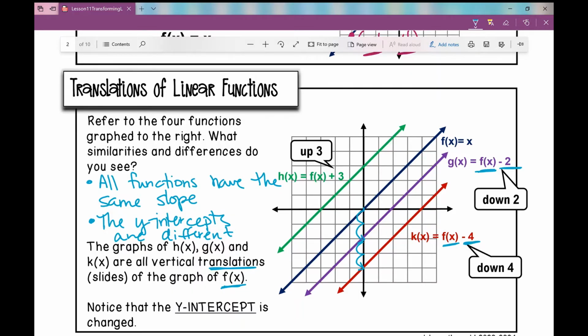And then if you took that parent function and moved it up 3 units, you would get h of x in green, which is f of x plus 3. So as you can see, that plus 3, this minus 2, this minus 4 told me if I just shift or slide that parent function up or down. And what was affected? The y-intercept.